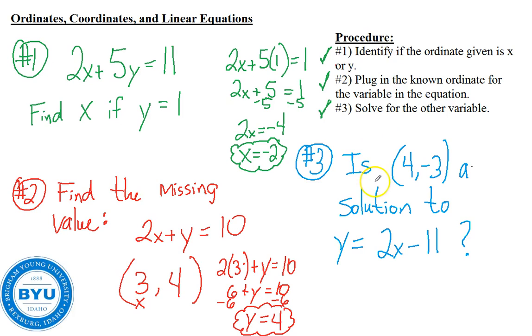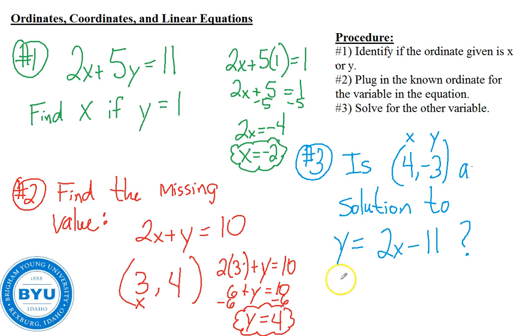On this last one, they tell us, is (4, -3) a solution to y equals 2x minus 11? Ooh, this one is almost the same, but in this situation, they've given us both the x and the y. We know that 4 is the x and y is the -3, so I can plug both those values in.